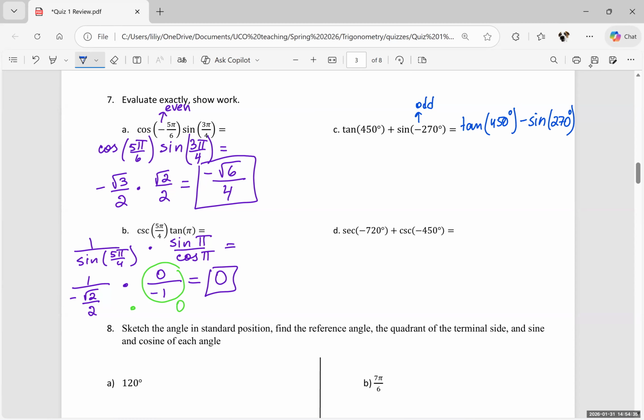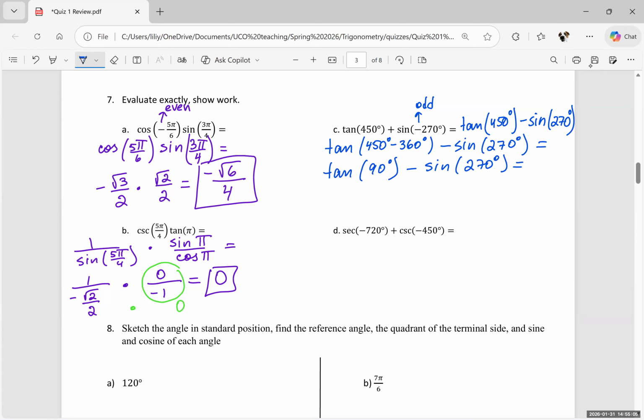So tangent of 450 is equivalent to tangent of 450 minus 360 degrees, minus sine of 270. 270 is already on the unit circle, so I don't have to do anything there. So this is tangent of 90 degrees minus sine of 270 degrees.